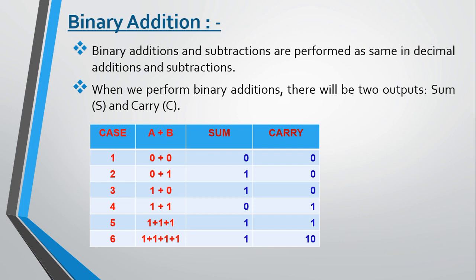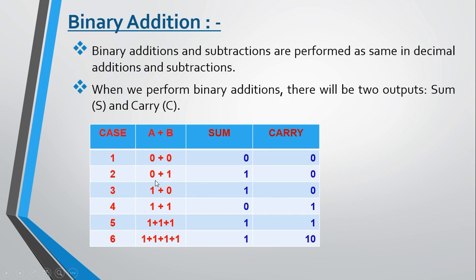If the 0-0 combination is there, the output would be 0. If there is a combination of either 0 plus 1 or 1 plus 0, you will get sum as 1 and carry as 0. For both these cases, like 3 plus 2 or 2 plus 3, the same output is produced, right?